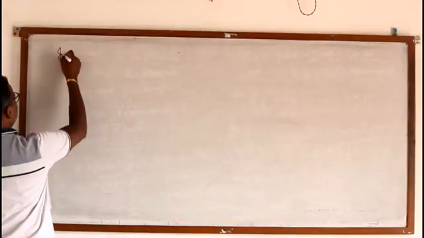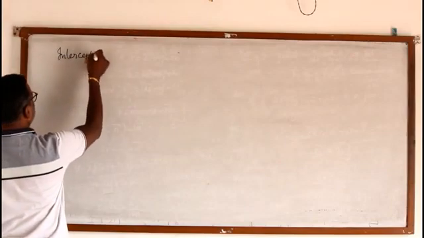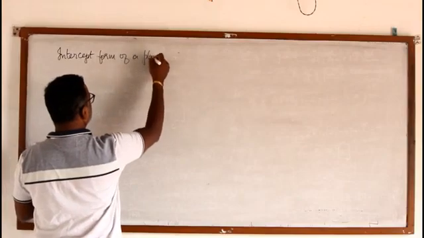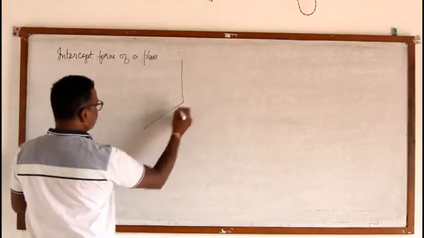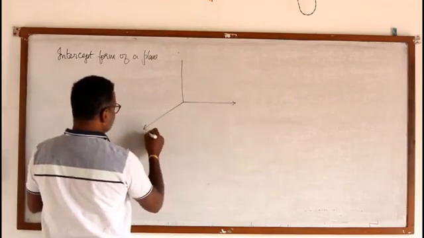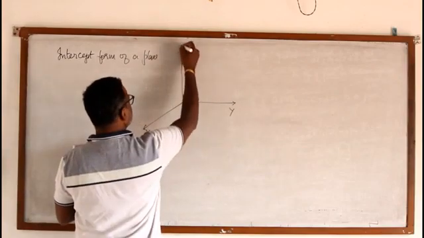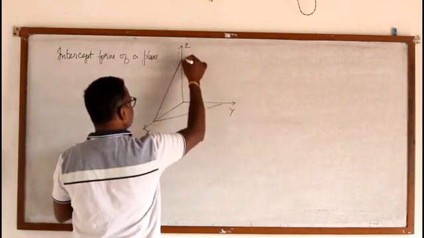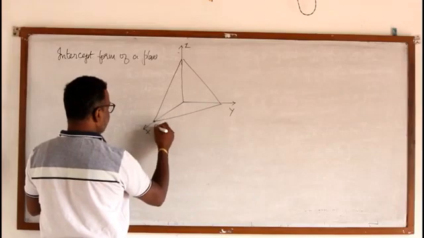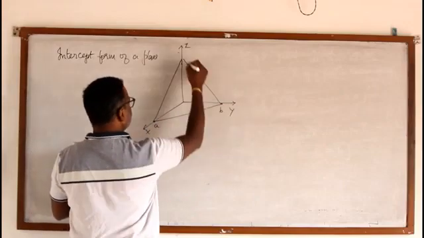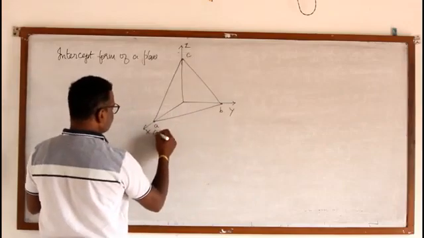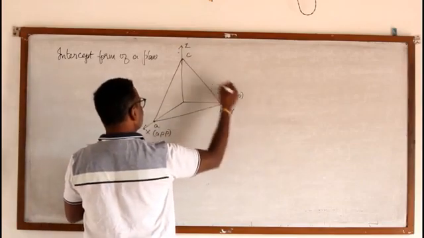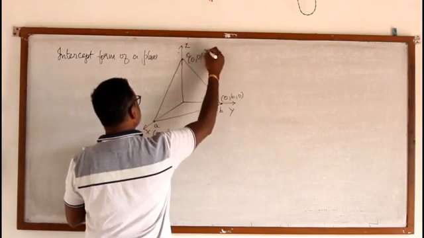Next, the intercept form of a plane. Suppose I have the x-axis, y-axis, z-axis and a plane intersects the x-axis at A, the y-axis at B and the z-axis at C, then this point is (A, 0, 0), this point is (0, B, 0) and this point is (0, 0, C).